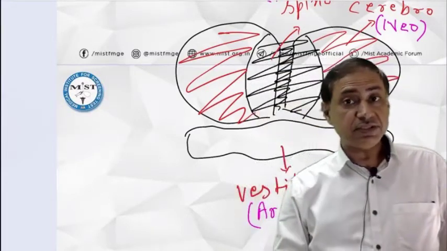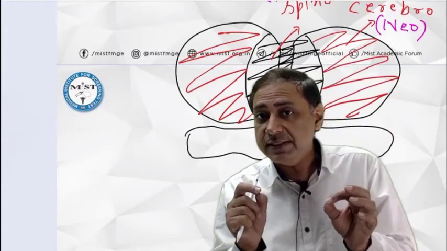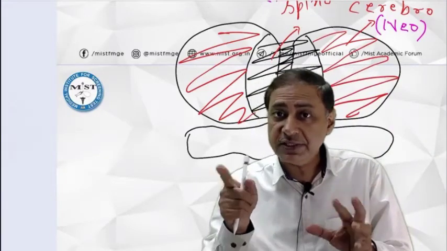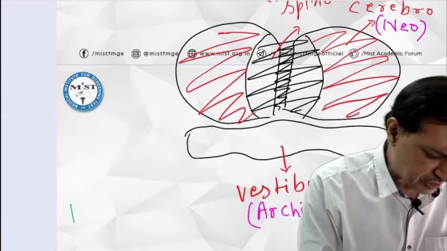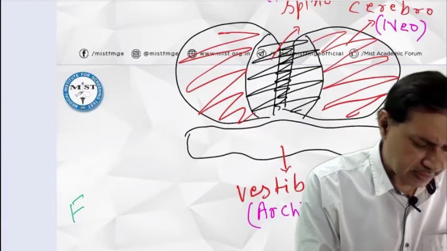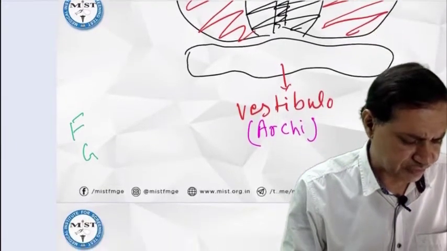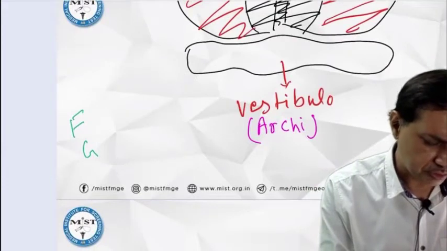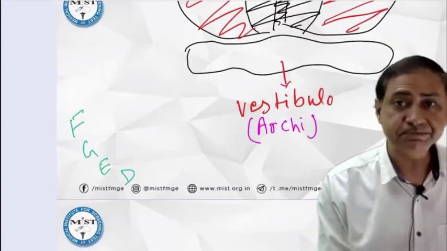Now the cerebellum also has the deep nuclei, the deep cerebellar nuclei: fastigial, globosus, emboliformis and dentate.